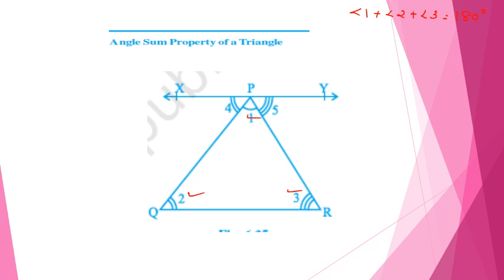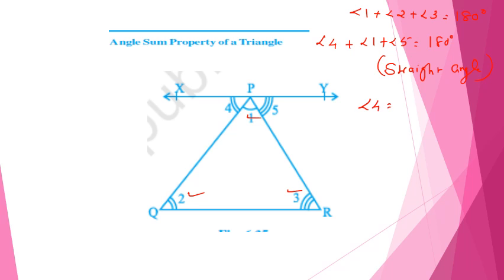Now, what about angle 4 plus angle 1 plus angle 5? What is the reason? Straight angle.